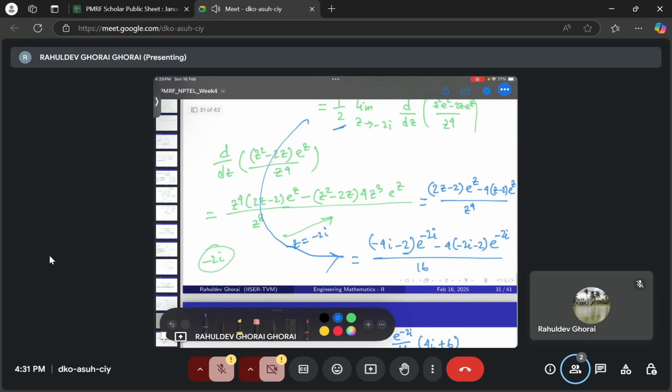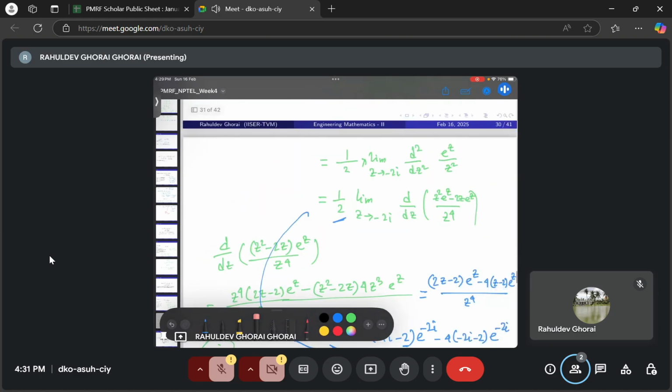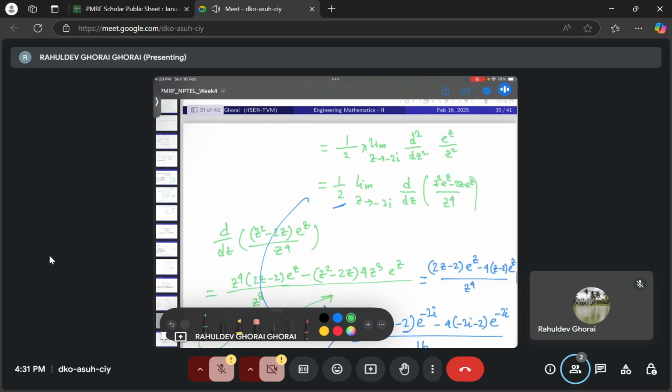Okay, so we will have another term here because we took the derivative but we did not do this. So z to the power 4 times, once it was 2z minus 2 times this, another will be z square minus 2z times e to the power z.